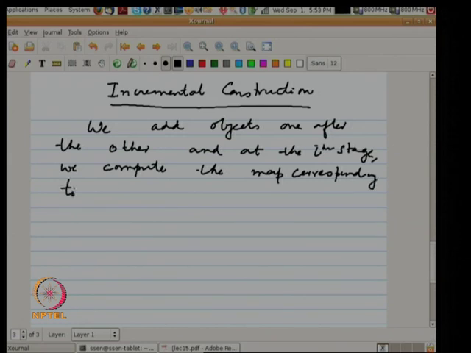So, let us say we have actually numbered these objects O1, O2, up to On, corresponding to O1, O2 to Oi.